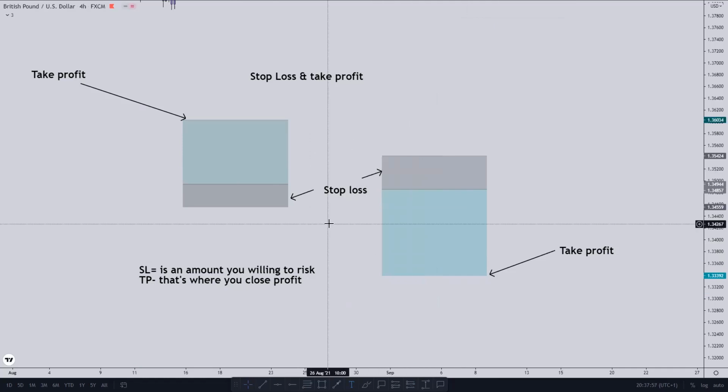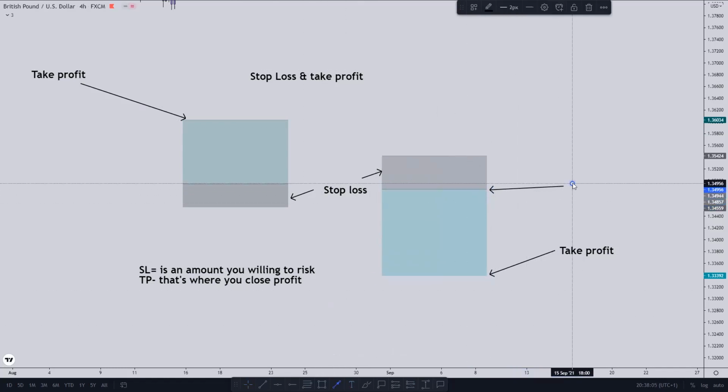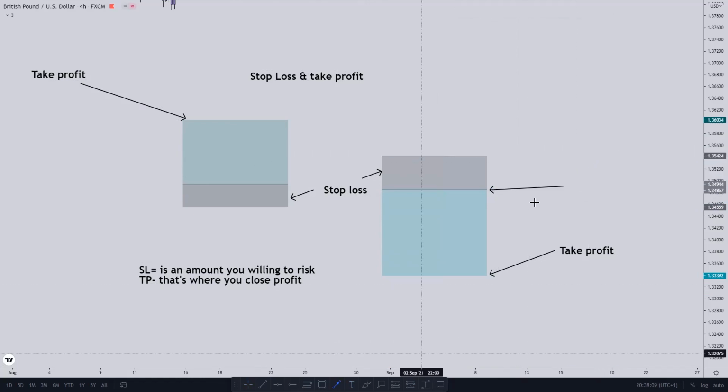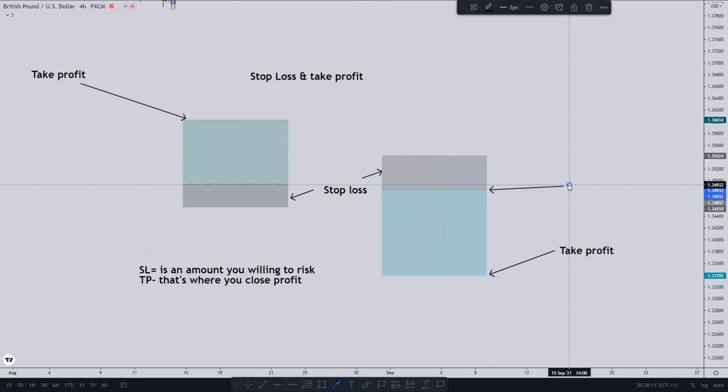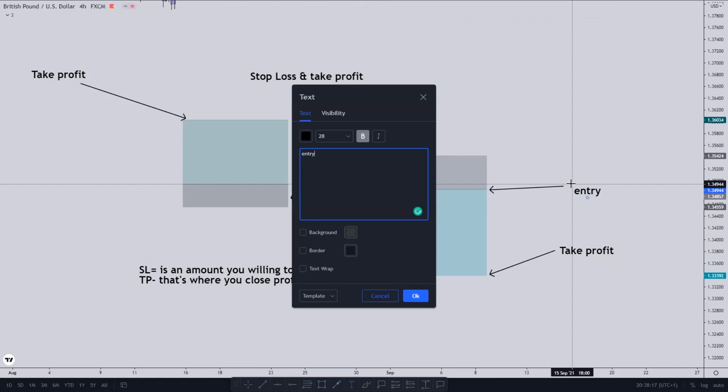So when you open a trade, you have an entry price. That's something that's very important. Geez, I'm looking for the checks. Entry price.